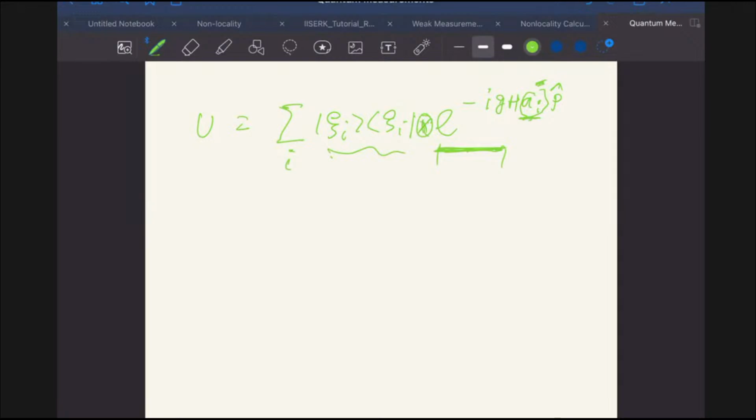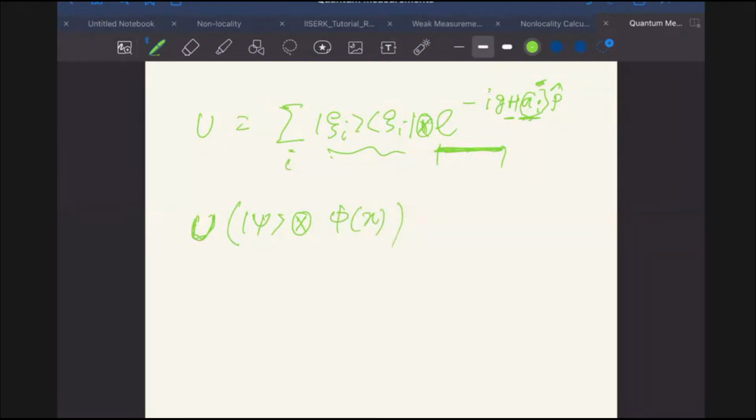Okay. So now my unitary became like this. So let us again come back to that state. So now this unitary also consists of this Hamiltonian, that is the interaction between this magnetic field and the property I am measuring, that is spin. So let us see what I can get from this. So my state was this, and cross this phi x.